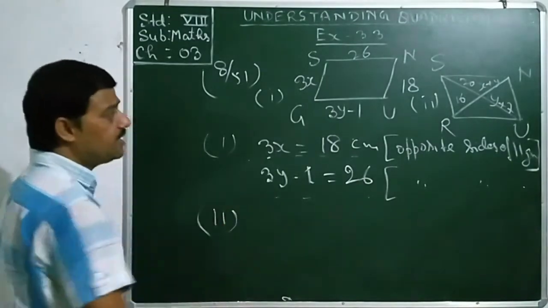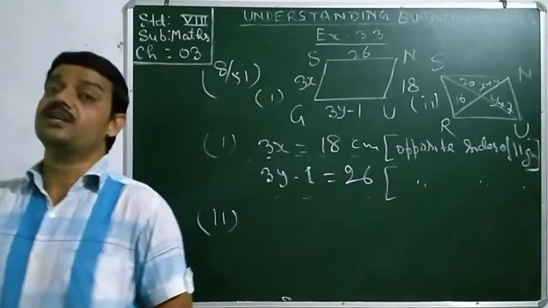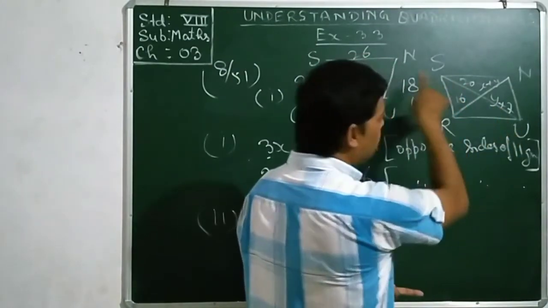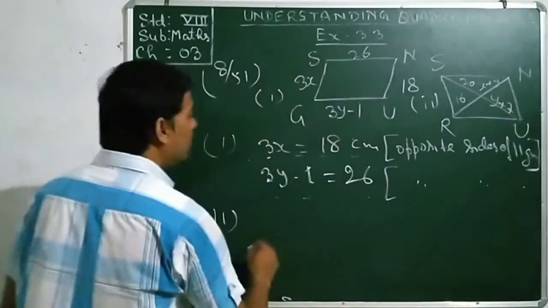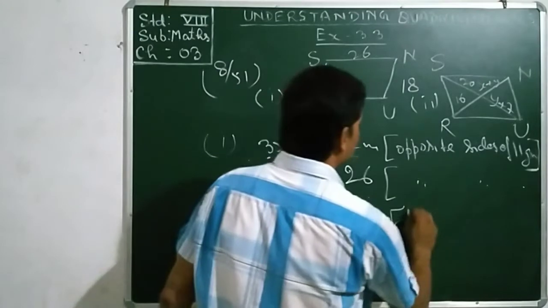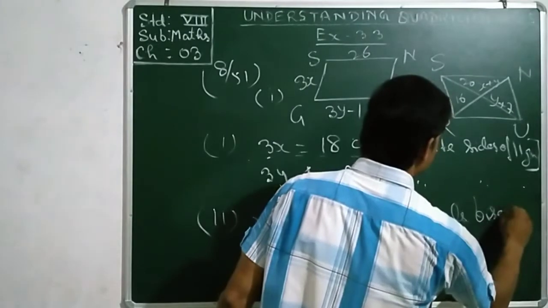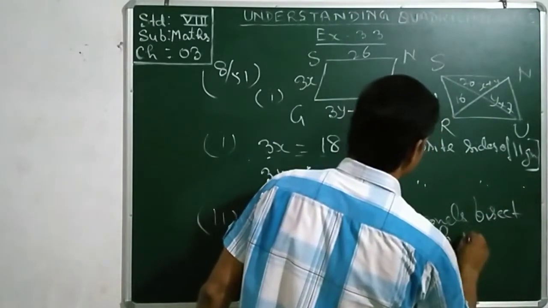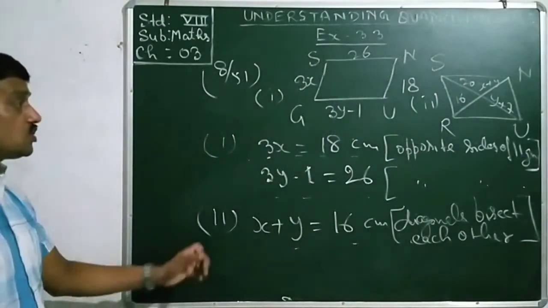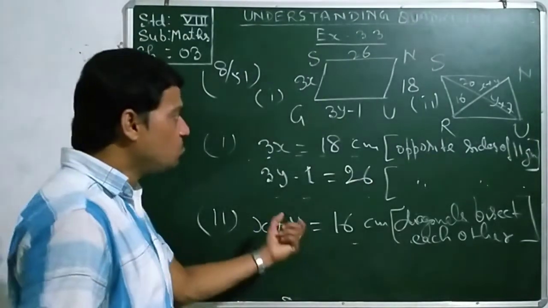And in RUNS we know that diagonals bisect each other. That means y plus 7 will be 20 and x plus y will be 16 cm, because diagonals bisect each other. And once you get x plus y equal to 16, this is one of the equations.